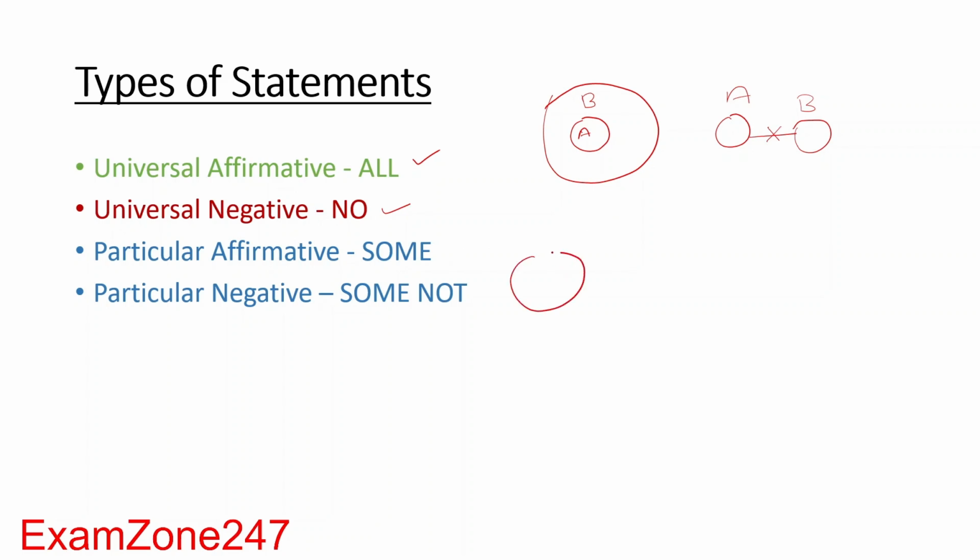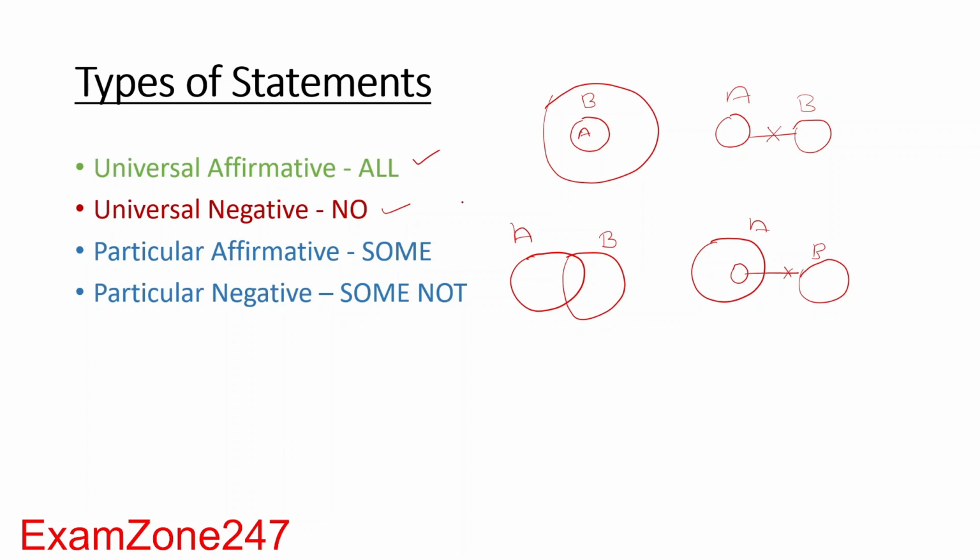In some, this is what you draw, some A are B, and this is the portion which you show in common. Particular negative means some not, that in A there are some which are not B. Okay, this is what you draw.